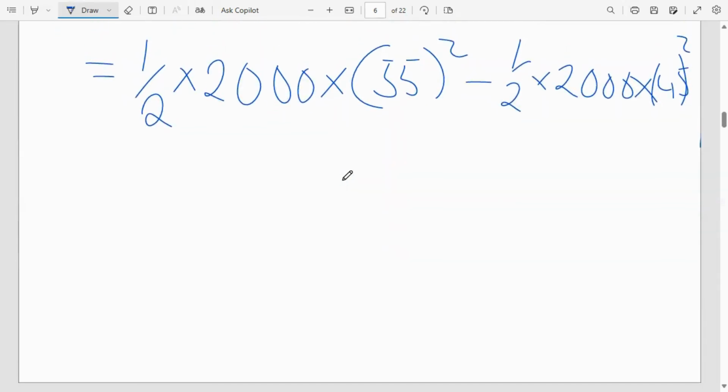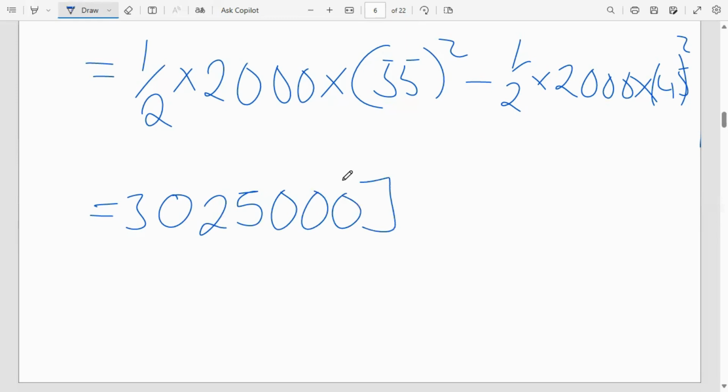So what will be our KE final? If we multiply half multiplied by 2000 multiplied by 55 squared, we're going to get a value which is equal to 3,025,000 joules. These are joules, remember.